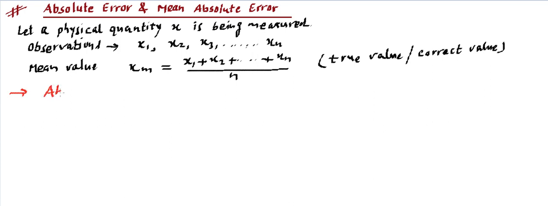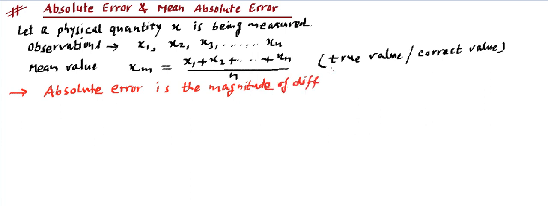Let me write over here, absolute error is the magnitude of difference between the mean value, which we can call the true value, and the measured value.